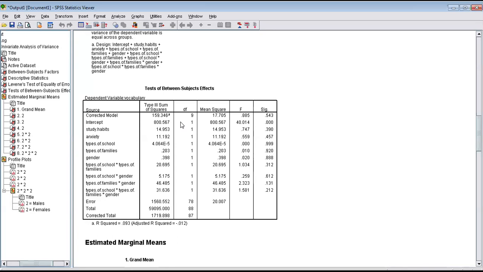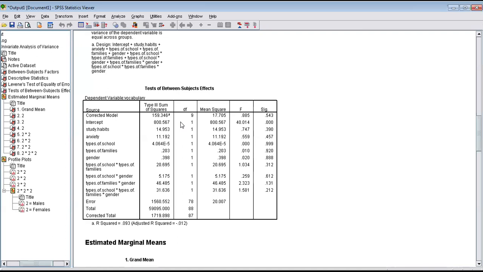For the interaction between types of school and types of family, it is 20.69 and the F value is 1.03.